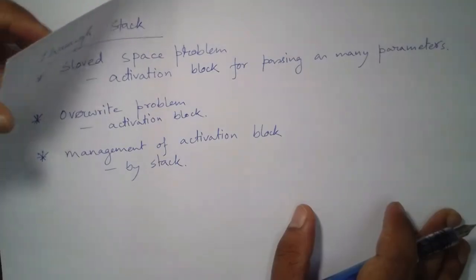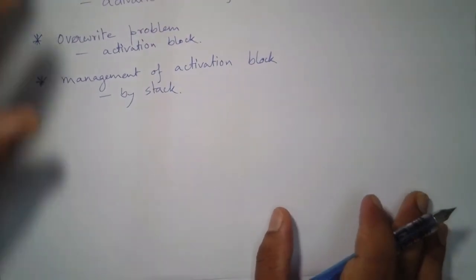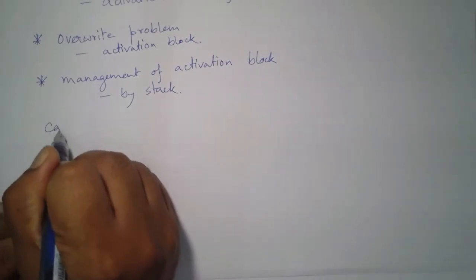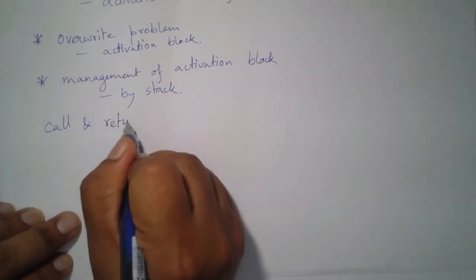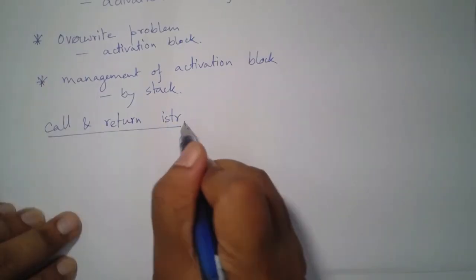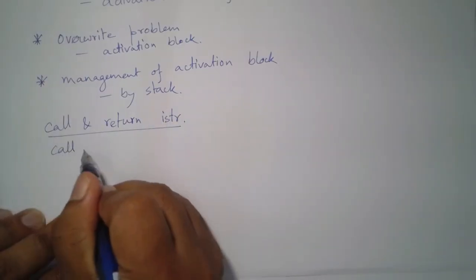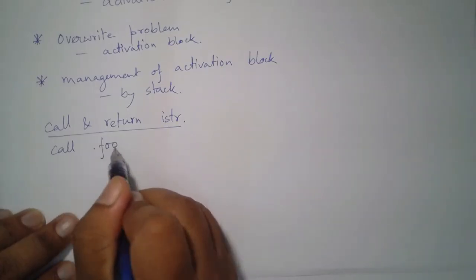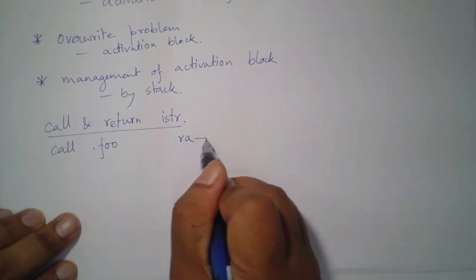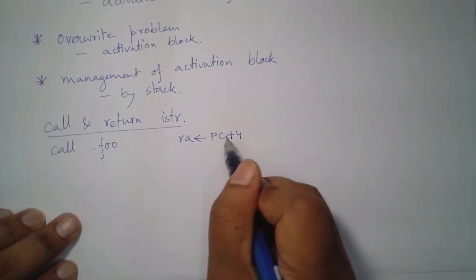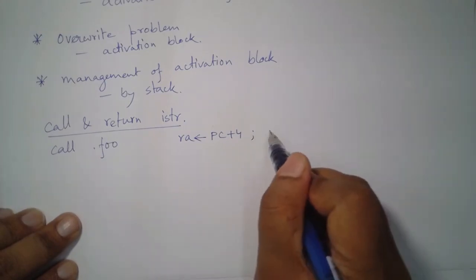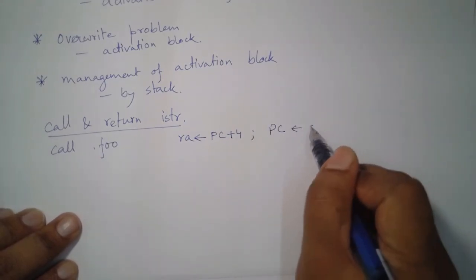Before concluding, very briefly, how the call and return instructions look. Let us say you have an instruction like call foo. It will first save the return address as PC plus 4. Remember R15 is your return address, and it will also update the PC with the address of foo.